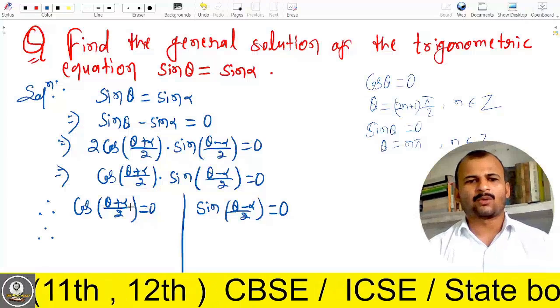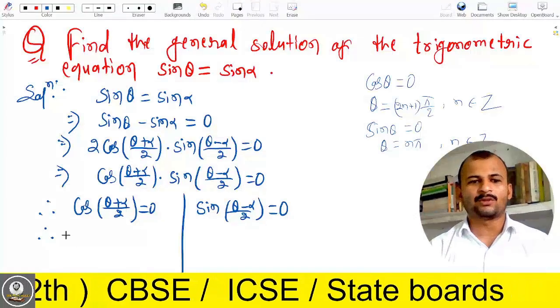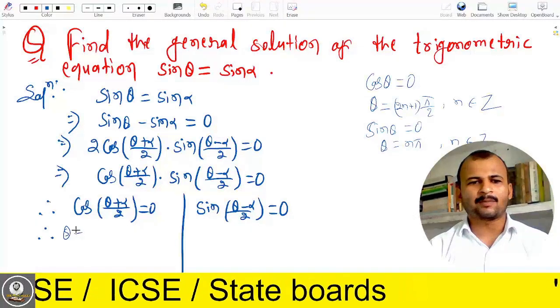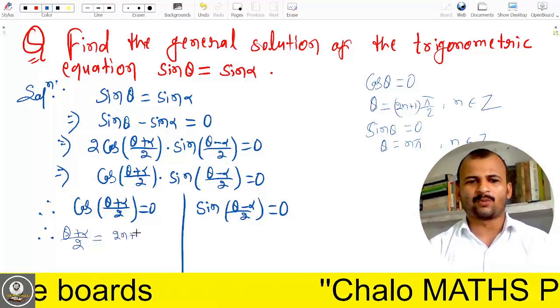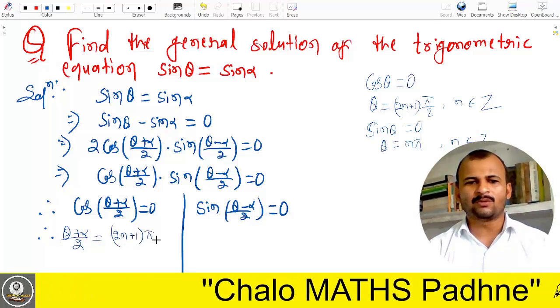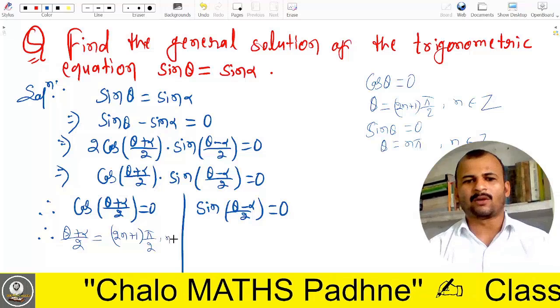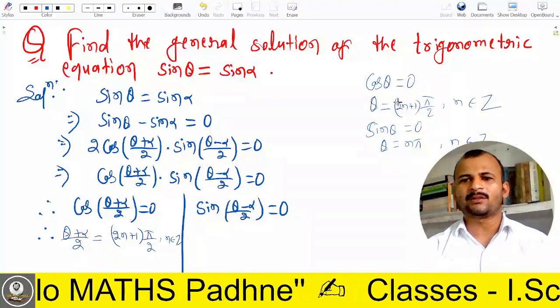Since cos((theta plus alpha)/2) equals 0, we write (theta plus alpha)/2 equals (2n plus 1) into pi by 2, where n belongs to Z, by using this first rule.